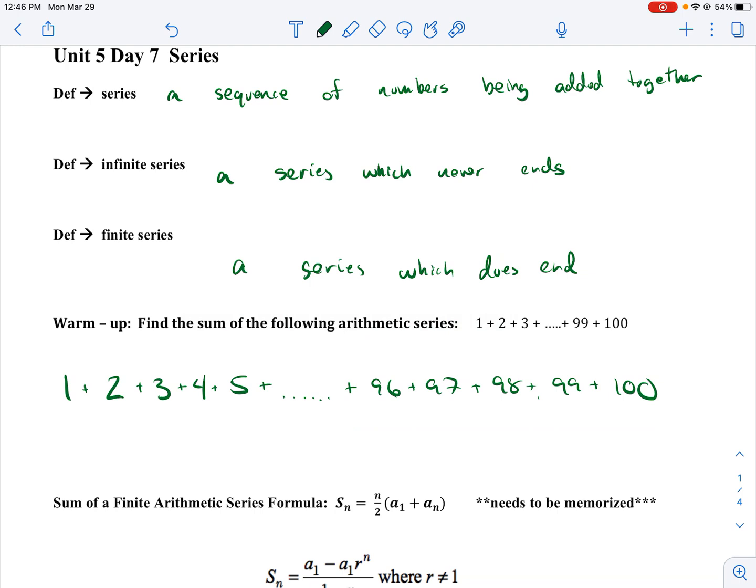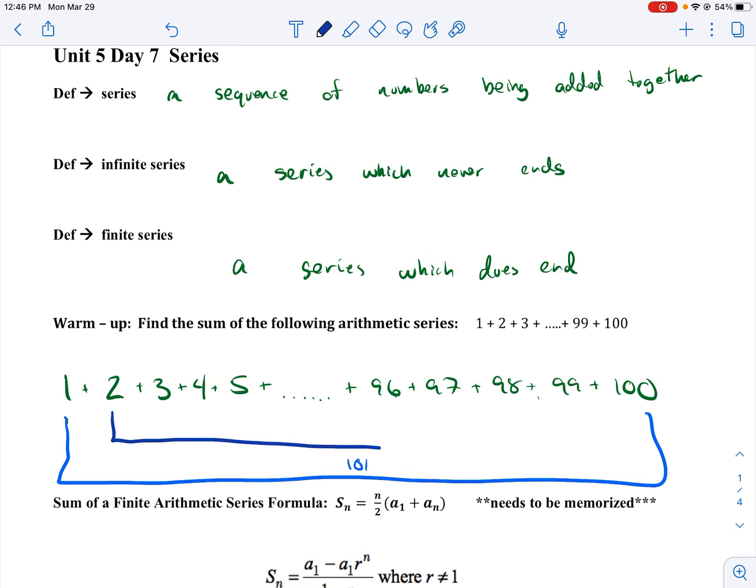So let me get some different colors here. So 1 to 100, we add those together, it's 101. Okay, now let's add these two together. 2 plus 99, well, that's also 101.